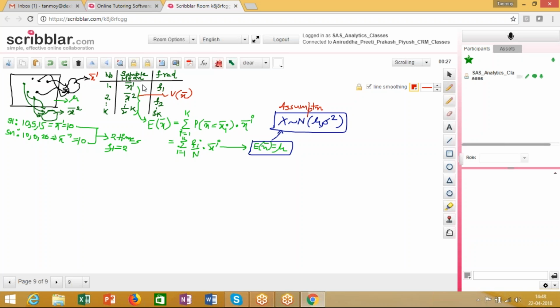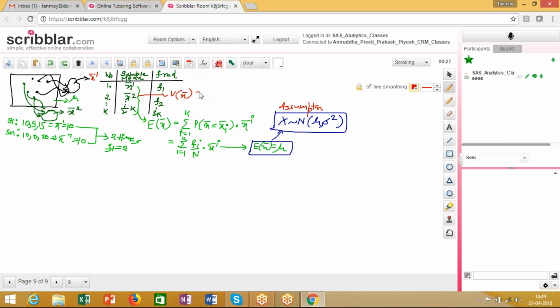So there is a variance of X bar. This distribution has a mean, and the next thing we can see is that this distribution should also have a variance. So what is the variance of this X bar?